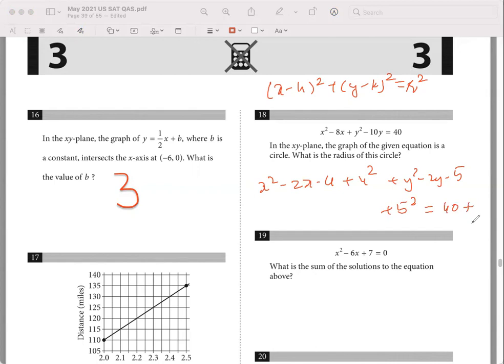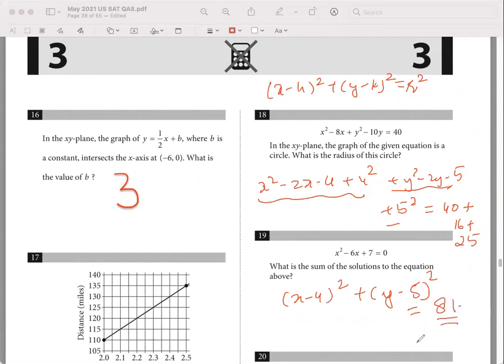And on the right hand side also, I add 16 and 25. So I get (x minus 4) whole square from these three, and (y minus 5) whole square from these three. And here I get 81. So r squared is 81, so the radius is 9.